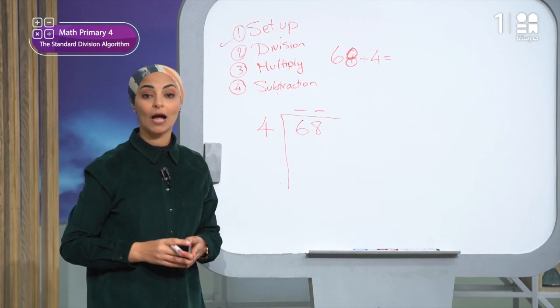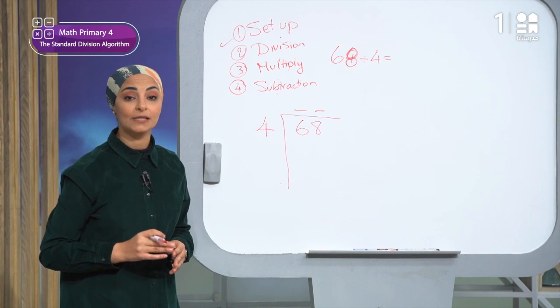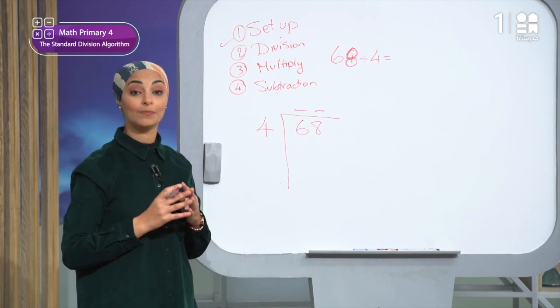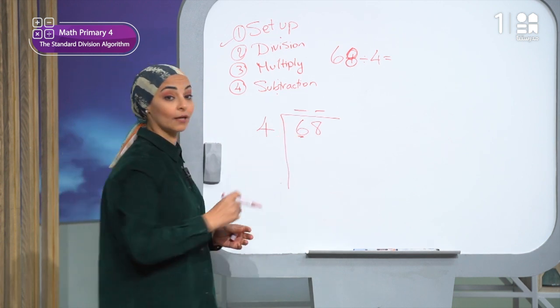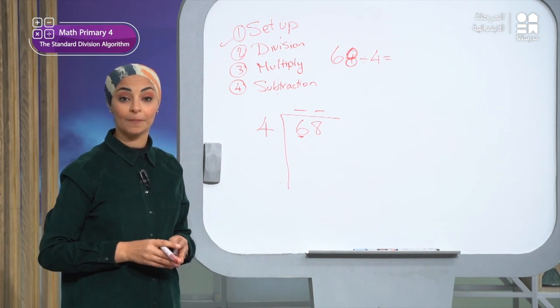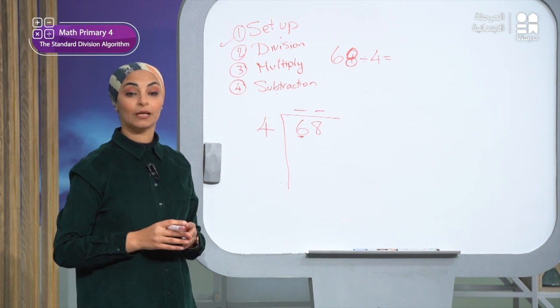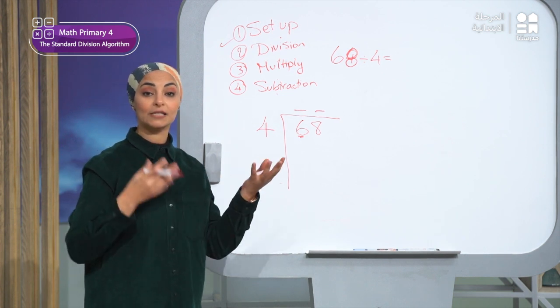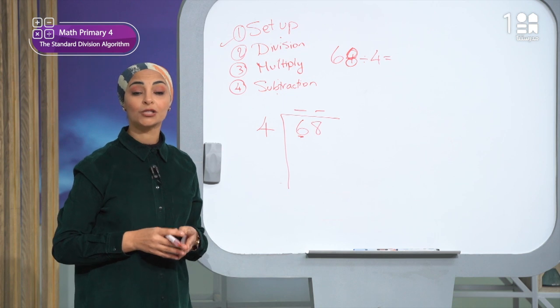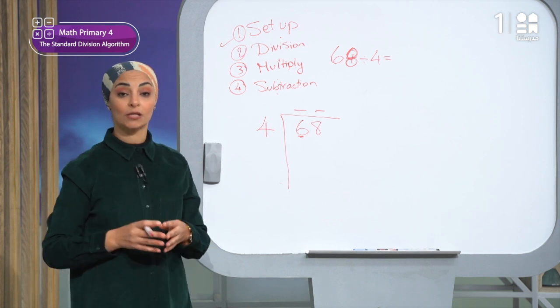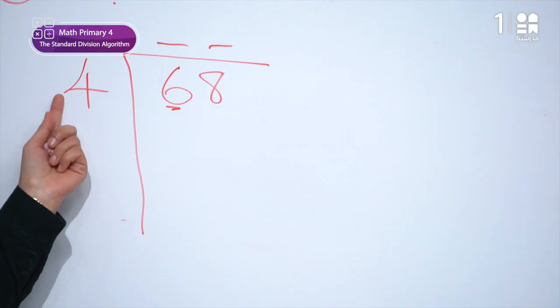Step number 2, I will start with the digit in the place with the highest value. I will start with the highest value, which is 6, right? Then the digit in the tens place to the left. It is 6, right? So when I do 6 divided by 4, ask yourself how many 4s are in 6?